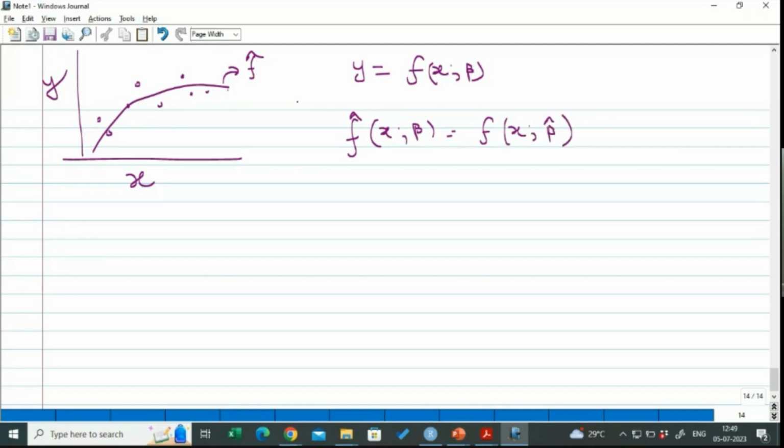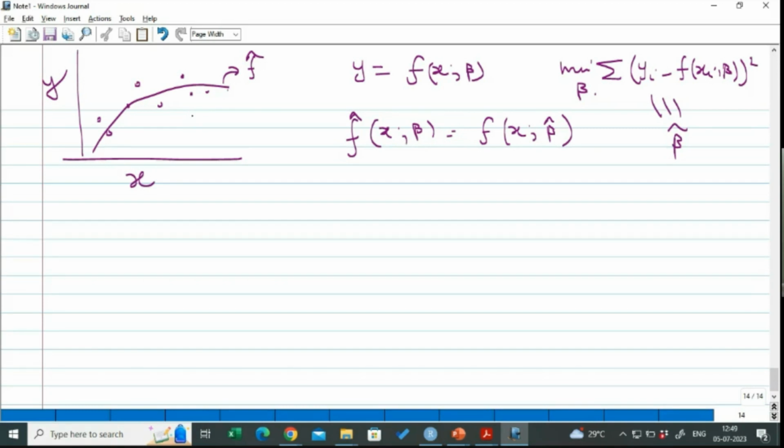So you estimate beta by minimizing the sum of y_i minus f(x_i, beta), whole square, with respect to beta. From this you get beta hat, so you get this predicted equation f hat.